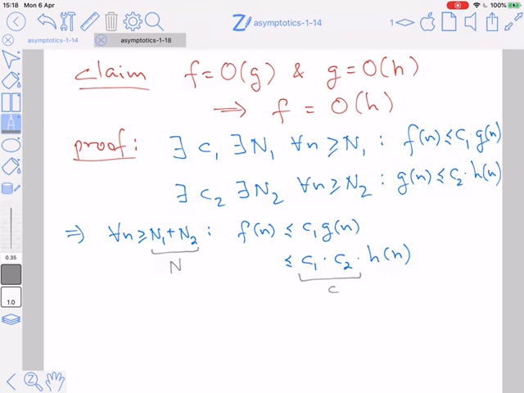Okay, so now we take n which is sufficiently large, greater than n1 and n2, let's say n1 plus n2. And then for every such n, we have f of n is bounded by c1 times g of n, and g of n is bounded by c2 times h of n. So now we have a new constant, c1 times c2, such that f of n is bounded by c times h of n for sufficiently large values of n, and that completes the proof.